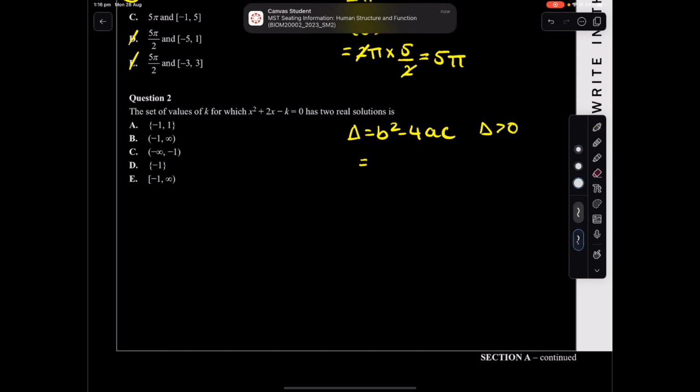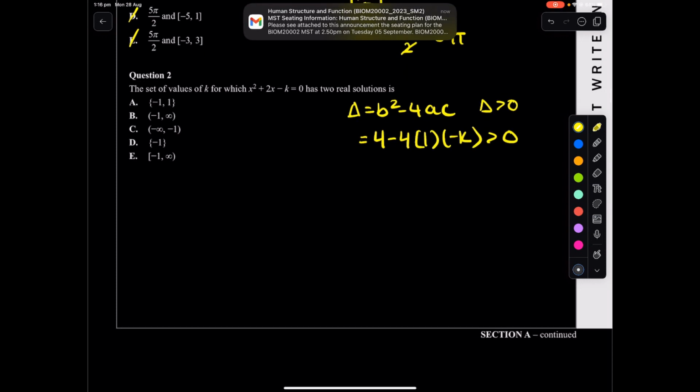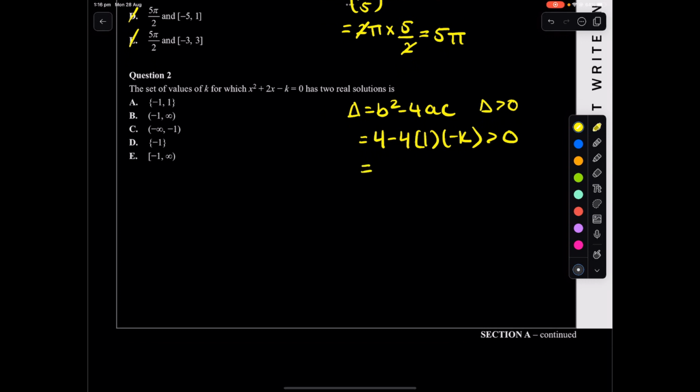So your b in this case is 2. So what's 2 squared? It'll be 4. Minus 4. What's your a? 1. What about your c? -k. And this must be greater than 0. Okay. So simplifying this, we get 4 plus 4k is greater than 0.